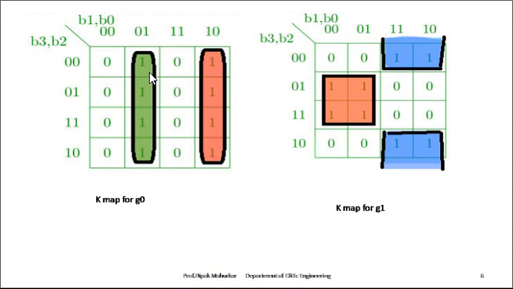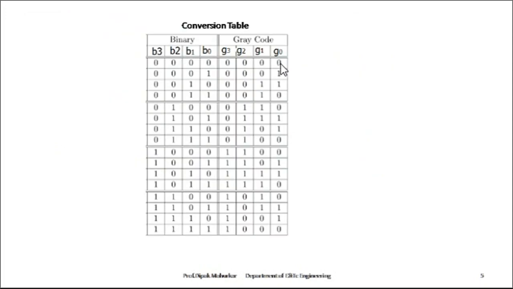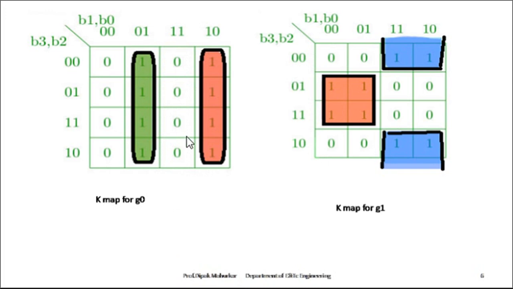After writing these, referring to G0, one, two, three, four, five, six, seven, eight locations are 1 in G0, and these are the respective values of B0, B1, B2. So these eight ones we can mark. A quad will be formed, this one and this one. All these values are cancelled.